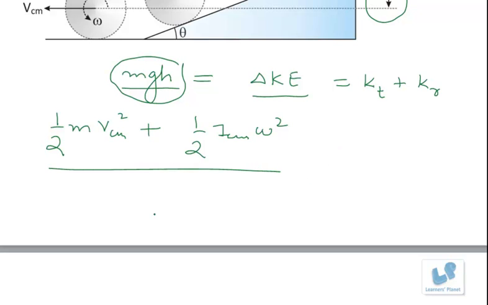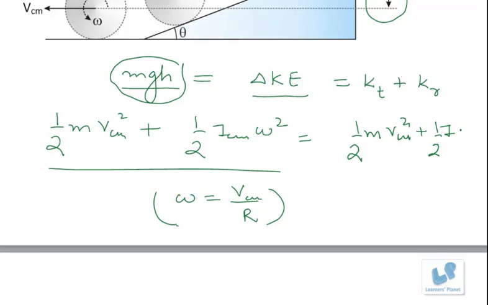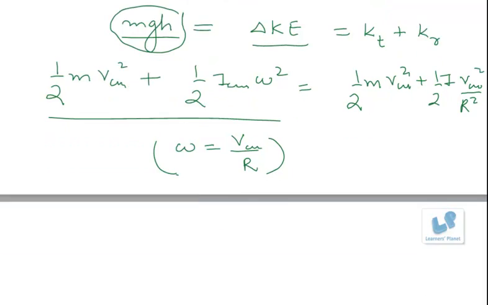Now let us see how. We know that the value of omega can be written as vcm by r.